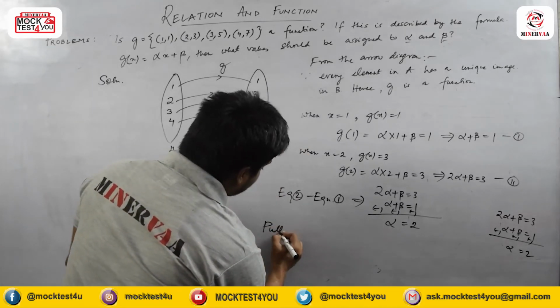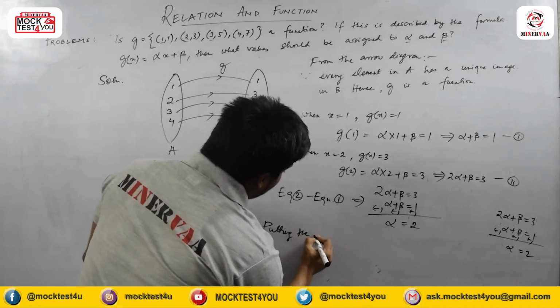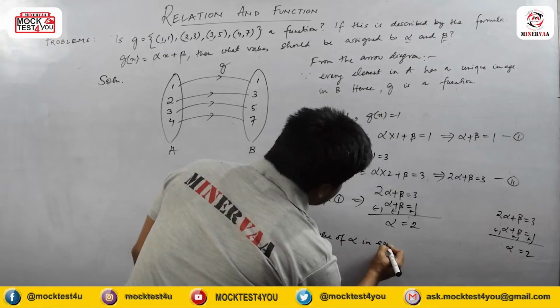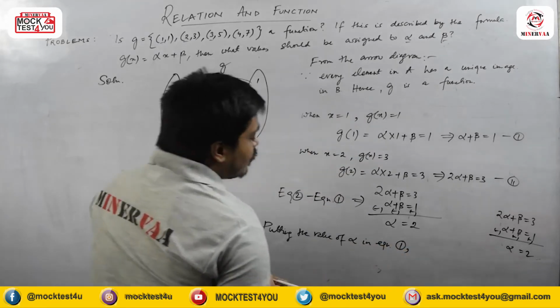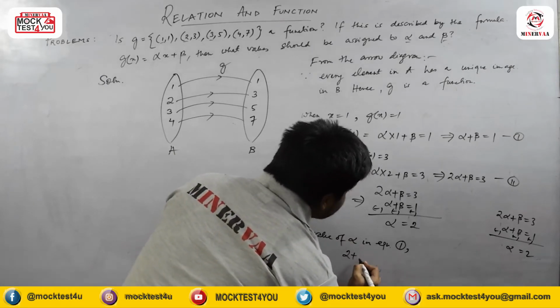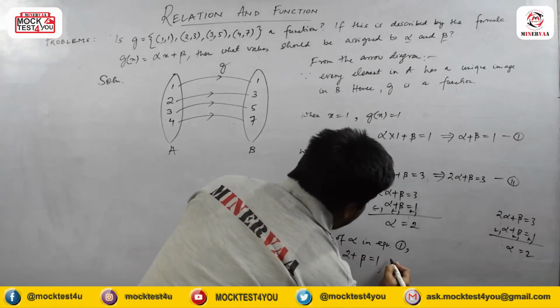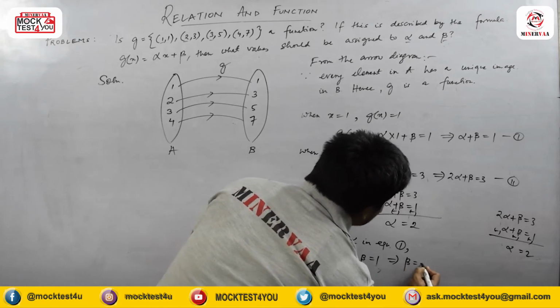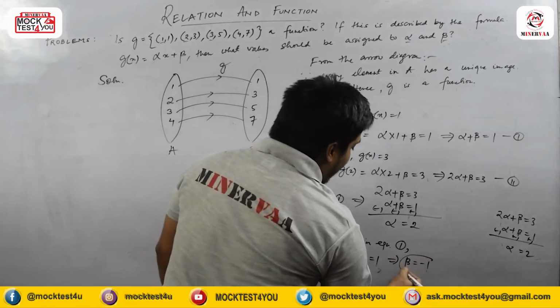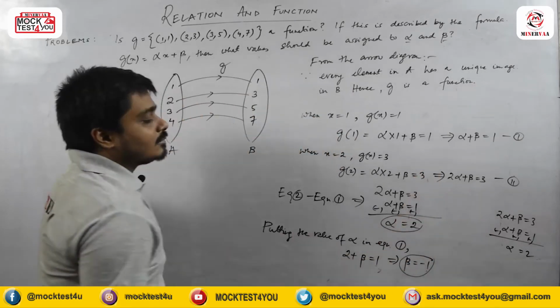Putting the value of alpha in equation 1, what do we get? 2 plus beta is equal to 1, and that gives us beta is equal to minus 1. So we get, this way, the value of alpha and beta.